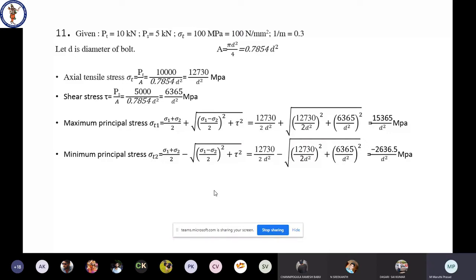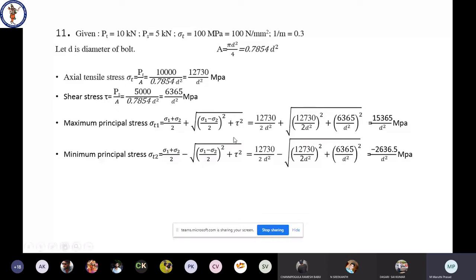Then third one, we are calculating maximum shear stress. That maximum shear stress is calculated in two ways. One way is it is algebraic difference of major and minor principal stress, that is sigma T1 minus sigma T2 by 2, or else straight away we can take root of sigma 1 minus sigma 2 by 2 whole square plus tau square.